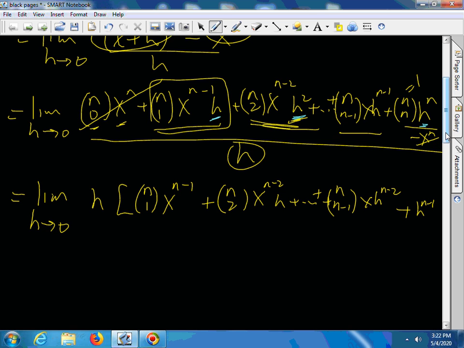So when you pull out an h, you get h to the n minus 1. And all of this gets divided by h. Now since h is not 0, I can cancel it out.